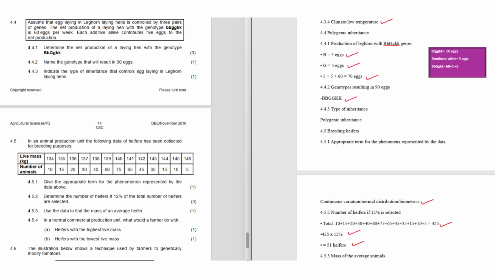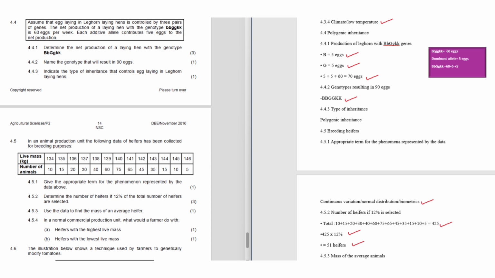We want to determine the net production of a laying hen with this genotype. So this has 2 dominant alleles, and each adds a value to the overall base. So if the base for the recessive genotype is 60 eggs per week, that means an addition of dominant alleles will add more to that.